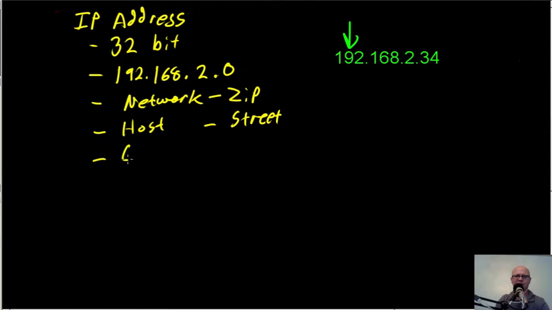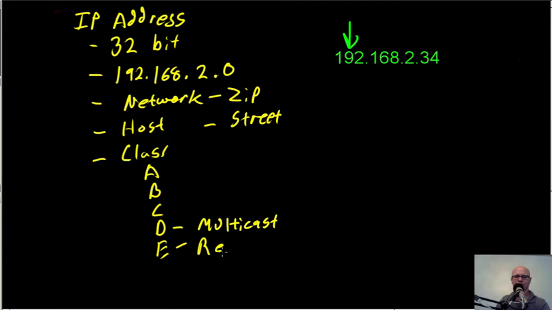So IP addresses are divided up into classes. There's actually 5 different classes: class A, B, C, D, and E, but D is multicast, and E is used for research, right?